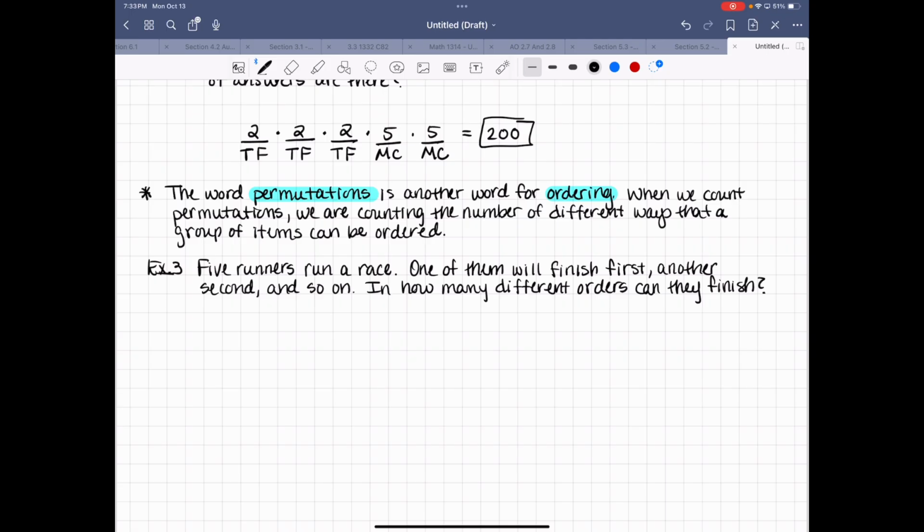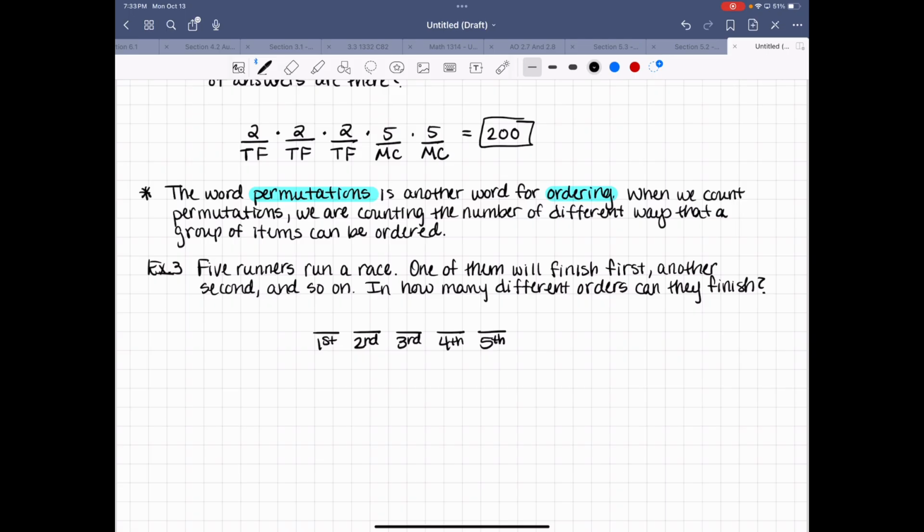Okay. So, we got 5 runners, we got 5 places, right? That means we have a first place, a second place, a third place, fourth place, fifth place. This time, guys, ordering does matter, right? Because if Misty's first and Raina second, then that's different than Raina being first and Misty being second, right? Yes, so ordering matters here.